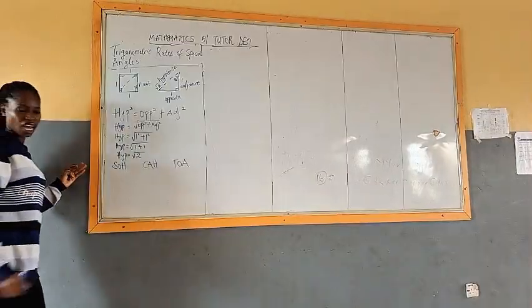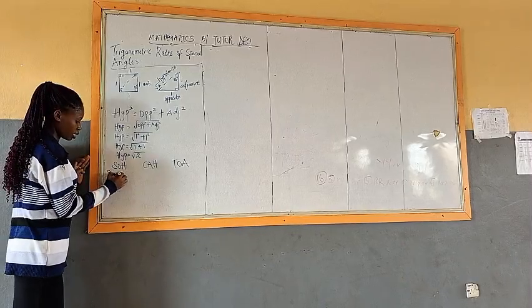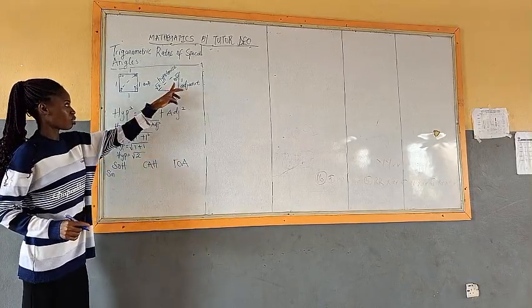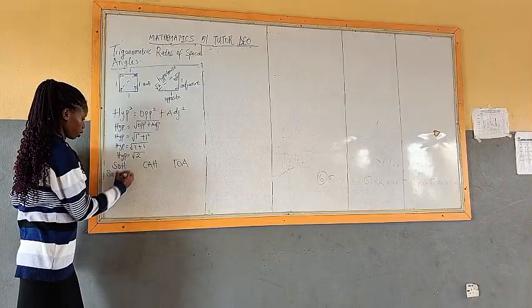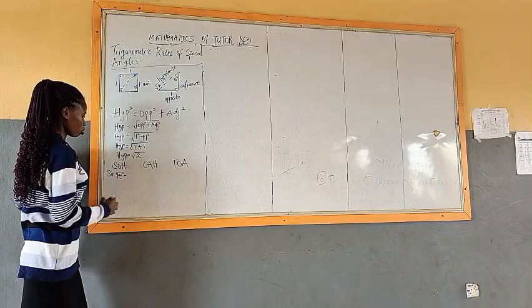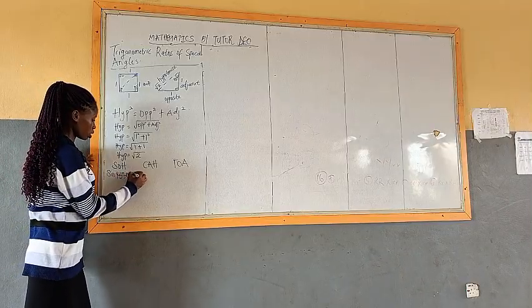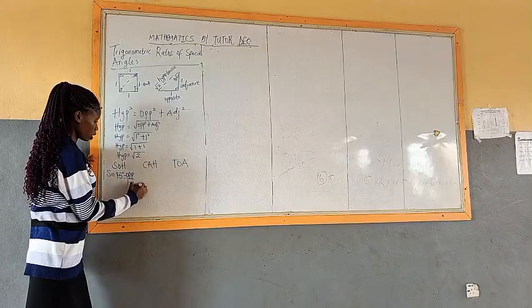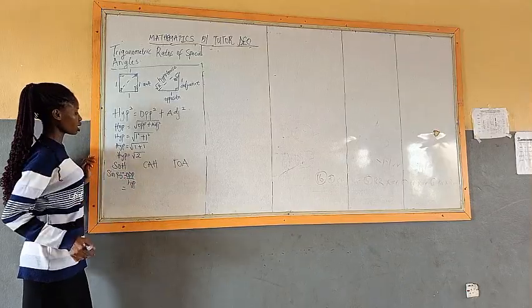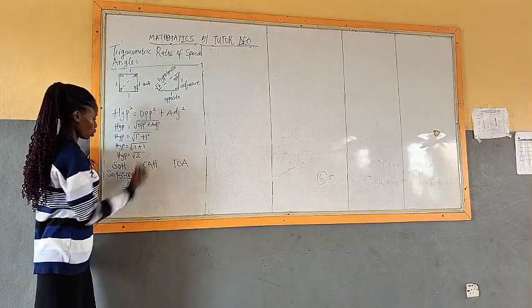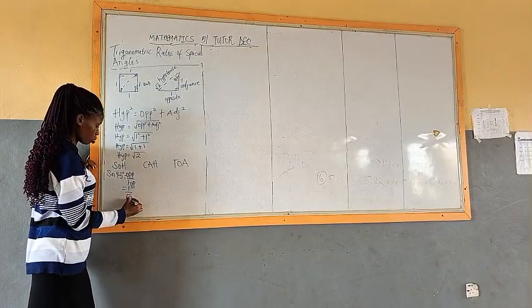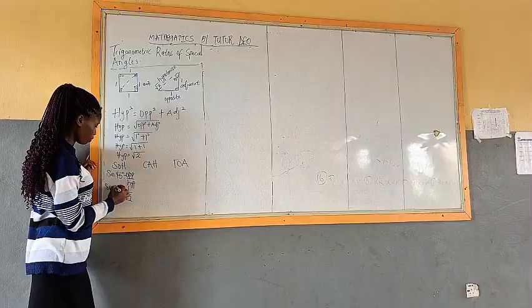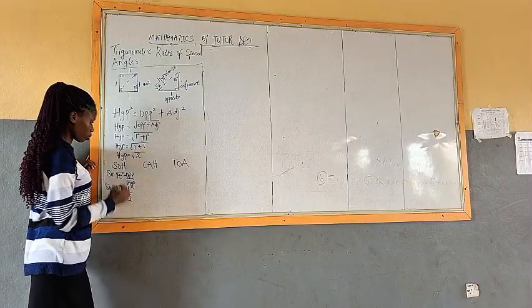So here we have sine theta, which will now be sine 45, being equal to opposite over hypotenuse. And what is our opposite? 1 over hypotenuse, root 2. So we have sine 45 to be this.